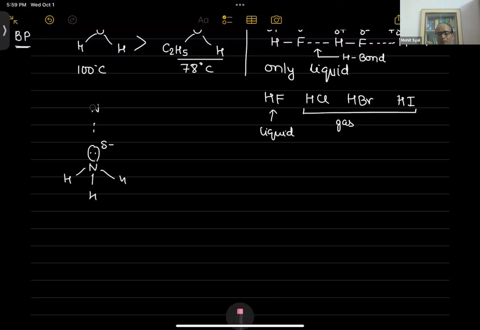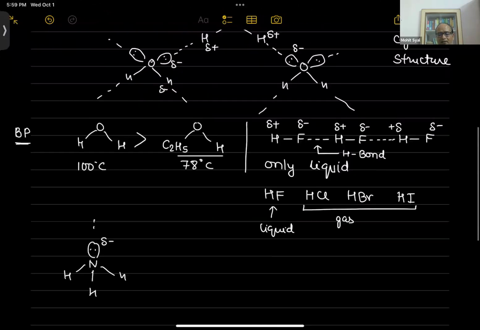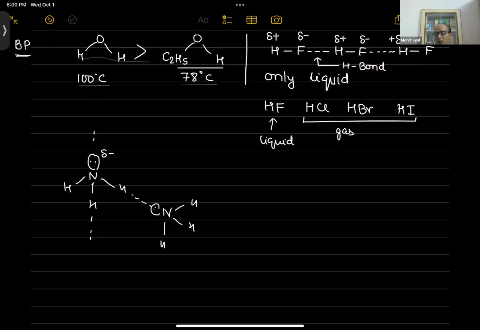Hydrogen bonding can be between two molecules, as we are seeing here, between different molecules, or within the same molecule. So H bonding can be intermolecular or intramolecular.